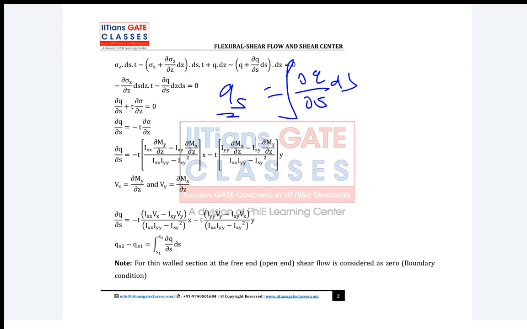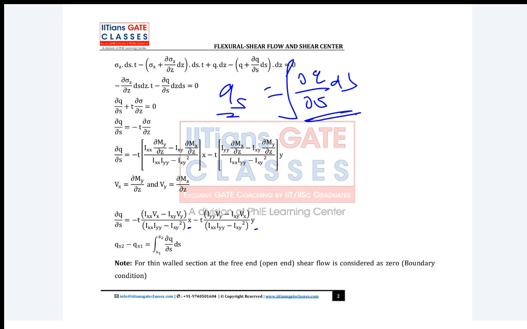Shear flow in any section is the integration of dQ by ds ds. When you do integration, you have x, y, and you need to integrate along the ds direction. When you substitute, you can see this equation has t and x. X can be taken inside because sometimes it may be varying, and y.